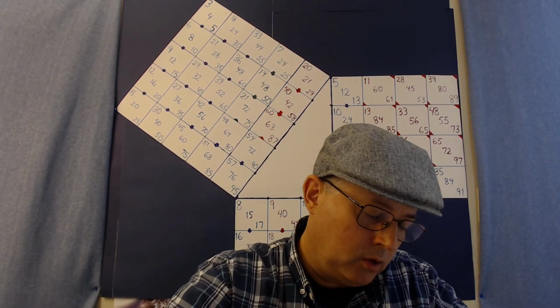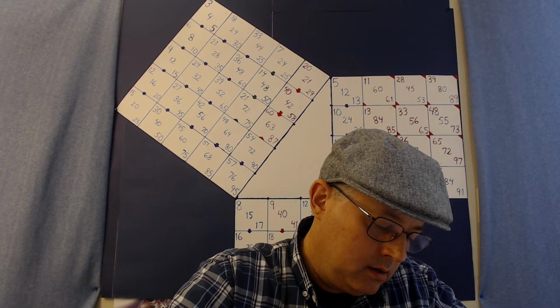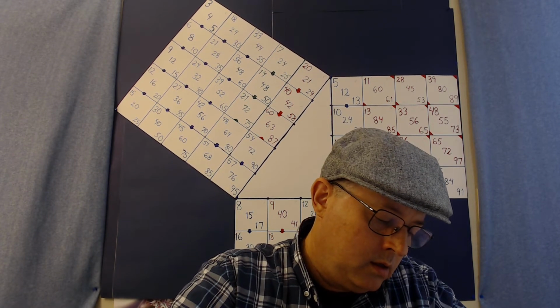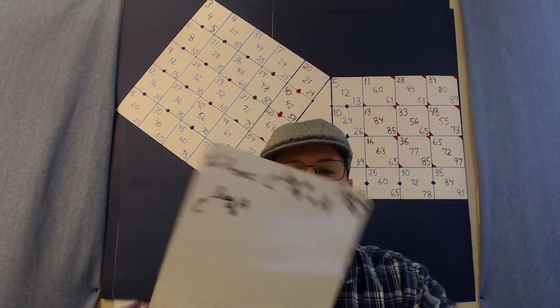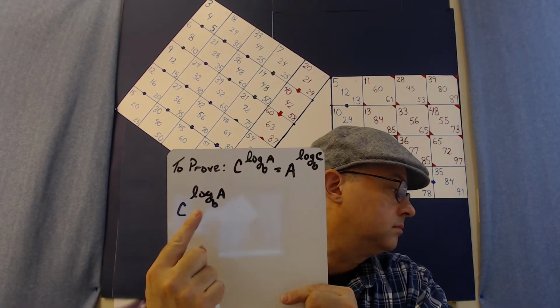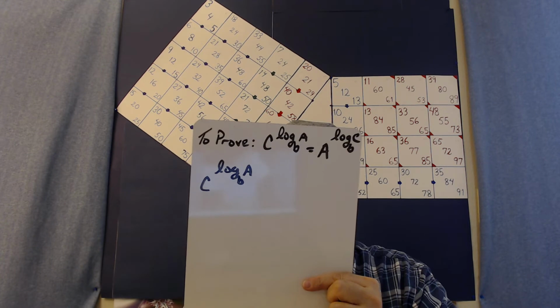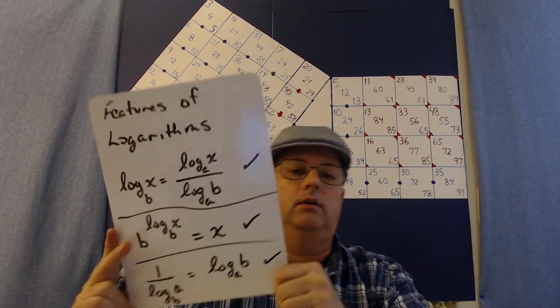Okay, so I'm going to start with the left-hand side. C to the log base b of a. And now what I'm going to do is use the change of base.